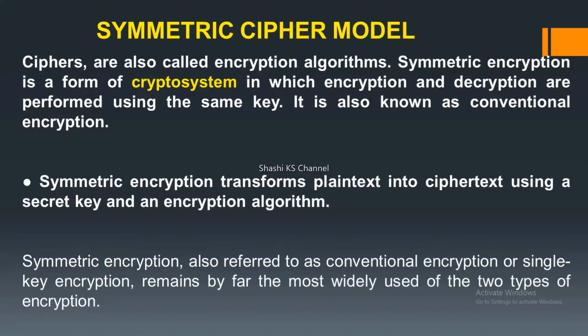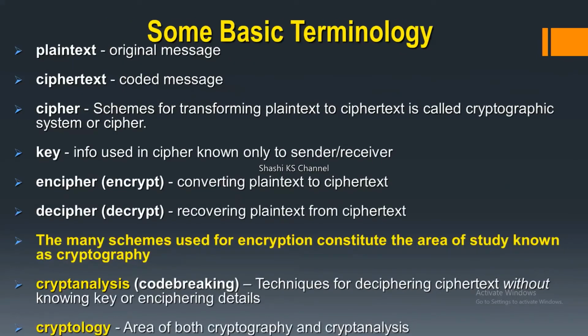So here in symmetric encryption, the plain text is converted into ciphertext using a single key and an encryption algorithm. Let's learn some basic terminologies which we'll be using in this cryptography and network security course. First is plain text. The original data which we want to convert is called plain text. Second is ciphertext.